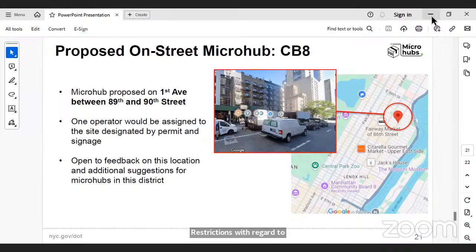And I was wondering if there were any language or wording regarding speed. And my second question is, I'm interested in DOT clarifying what data metrics will be used and analyzed that will eventually determine whether a site is working or not. Thank you. And thank you very much for the presentation.